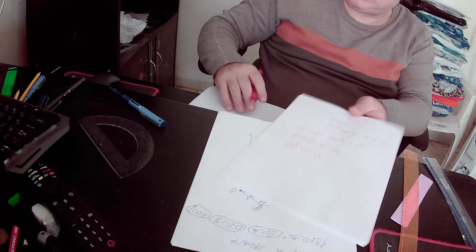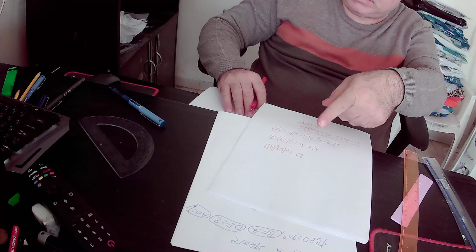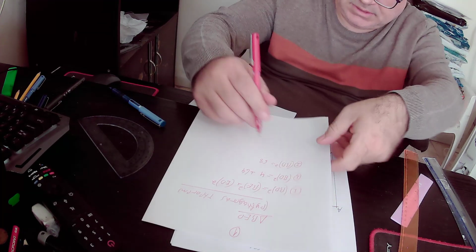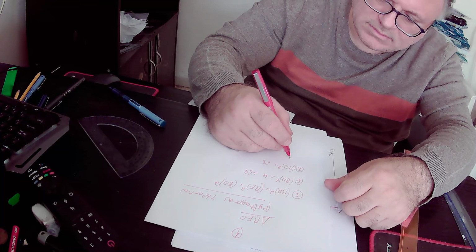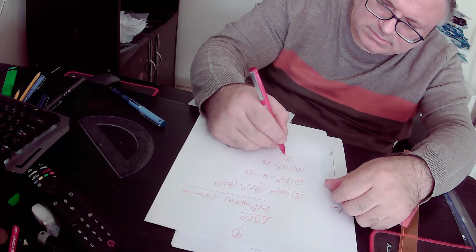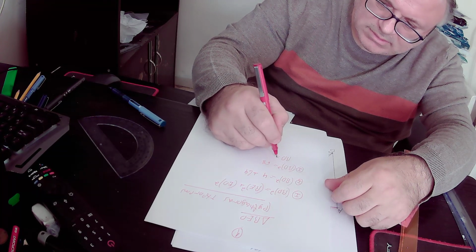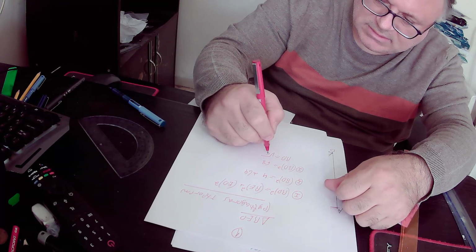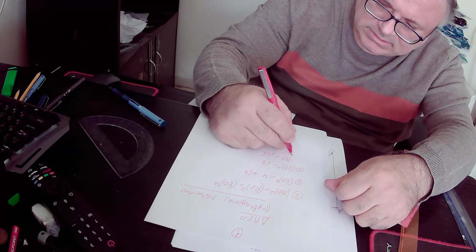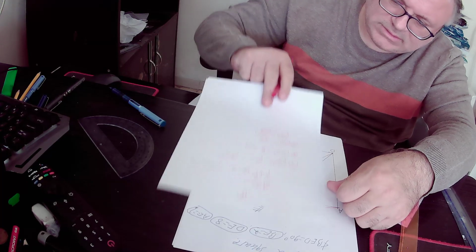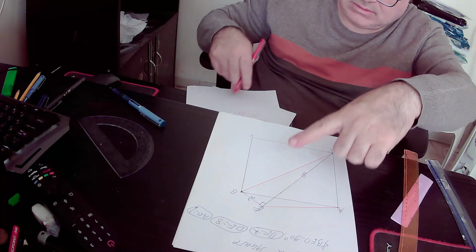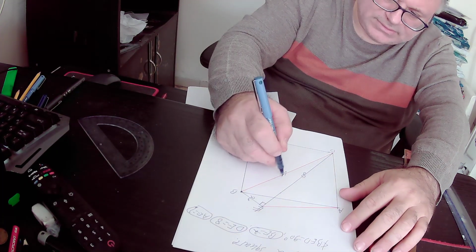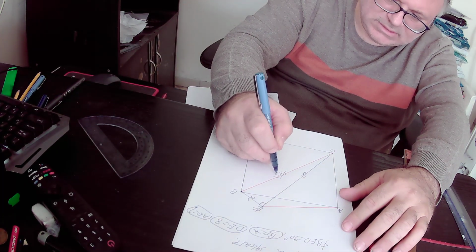So here we'll take a root of equation number 1, and we will get that BD equals the square root of 68 units. So we can write here that BD equals the square root of 68 units.